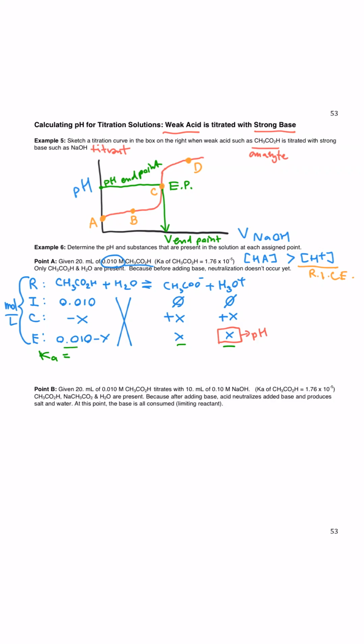In this case, it would be X times X divided by 0.010 minus X. And if you want to avoid the quadratic equation, you can ignore this negative X in the denominator. We can neglect this, and plug in the value of Ka.